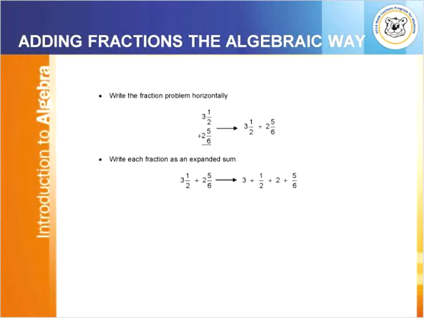Okay, so I said earlier that I would like to see students add fractions using similar processes that they would use if they were adding rational numbers algebraically. The reason I think this is important is that when we teach students to add fractions using algebraic procedures, they will have something to connect to when they get to algebra and need to manipulate rational numbers.